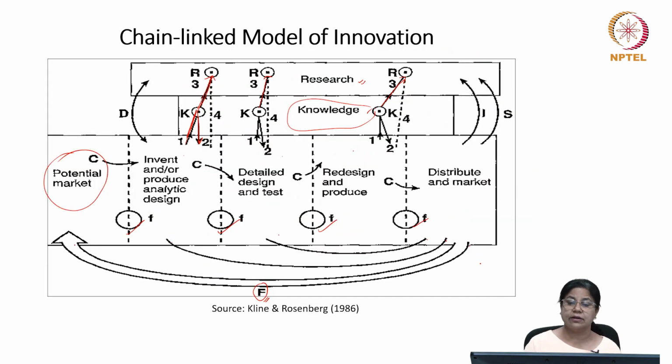So what are these I and S? Let us look at them. Now what is going on in this I and S? Essentially, the argument given by Klein and Rosenberg is that even the major advancements in science cannot happen without the use of the various products which are available in the market at that point of time.